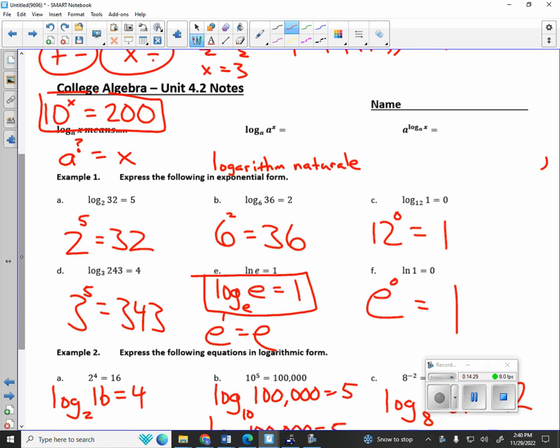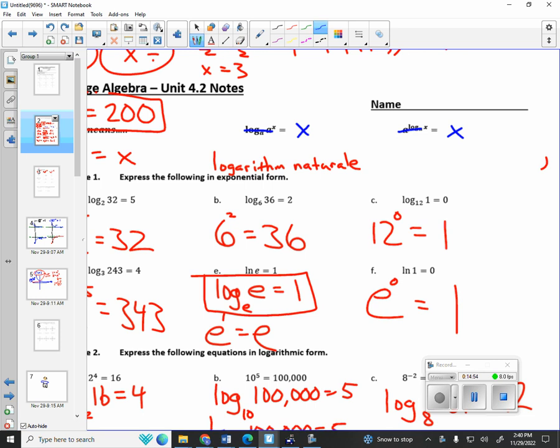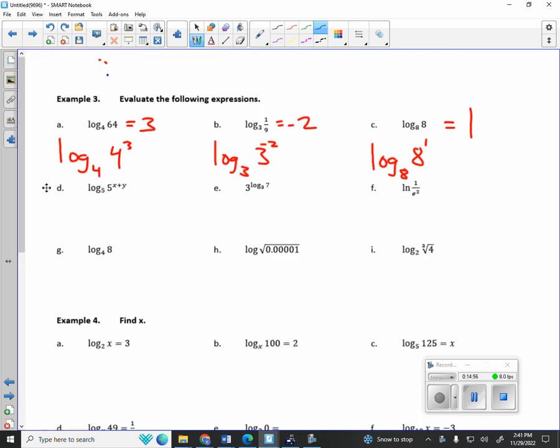So if you see log base a of a to the x, these cancel and leave you with just x. I know that looks ridiculous. I know that may even seem wrong, but that's what happens. Then if you have a to the log base a of x, these go away, leaving you with just x. So let's see how we can use that as we flip it over to this side.